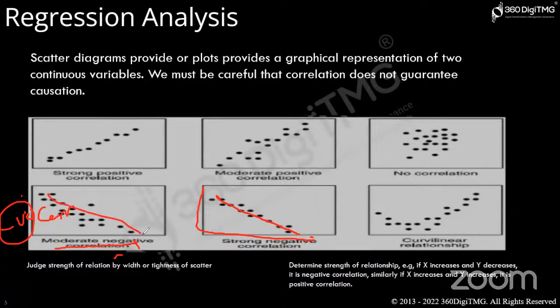Here we have moderate negative correlation. Here it is not linear, it is a curvilinear relationship. These are the different relationships you have to be aware of before getting into the regression.